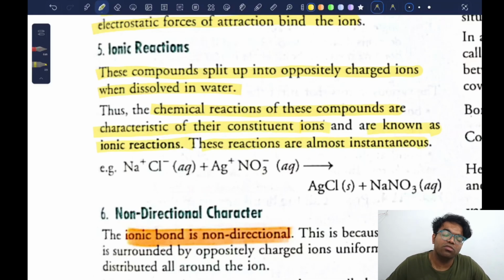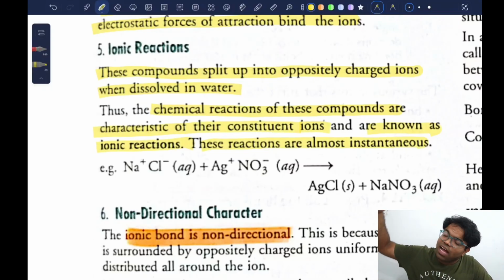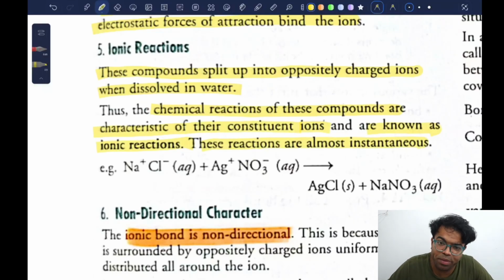In covalent compounds, we will see in the later chapters that their reactions are pretty slow because first things first, you have to break the bond. There is no water molecule, there is nothing available for them to break the bond. So basically, they have to first slowly break the bond, and once the bond gets broken, the next atom will come and take its place.